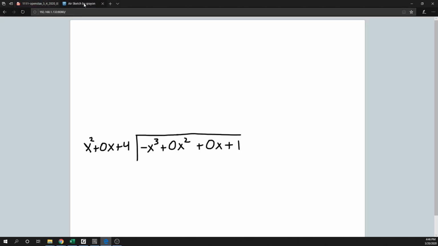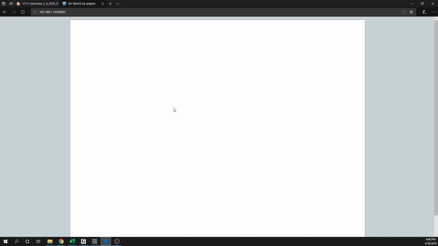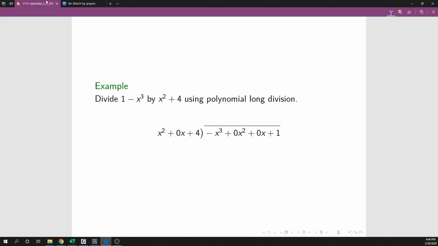All right, let's see how that looks. Ooh, that's way too low. All right, I'm gonna have to redo that. Sorry. All right, just hold on with me while I redo that. All right, let's try this.